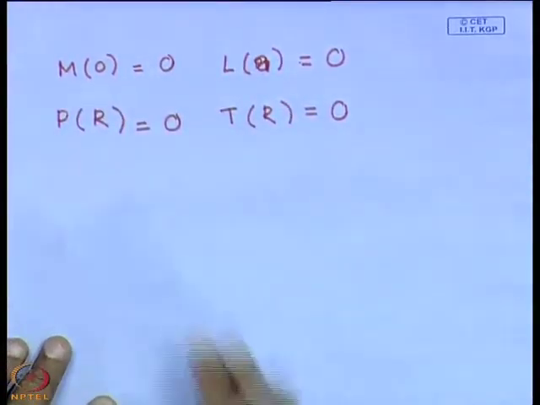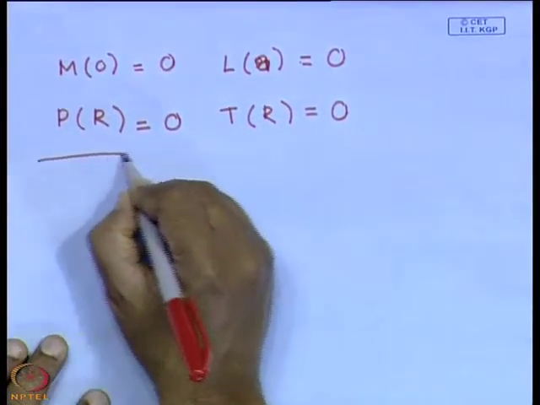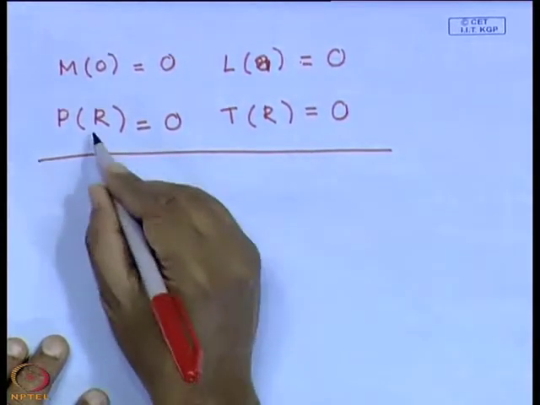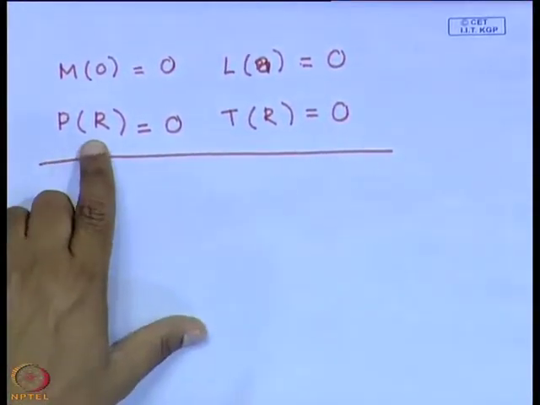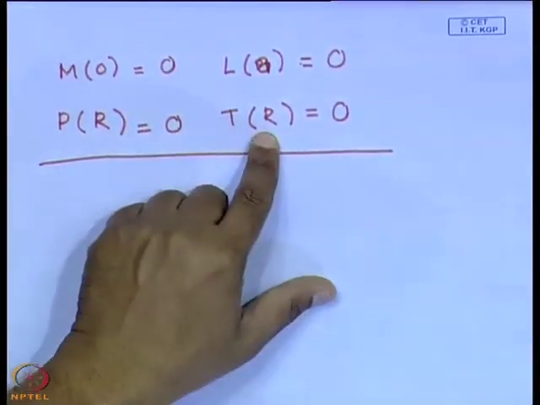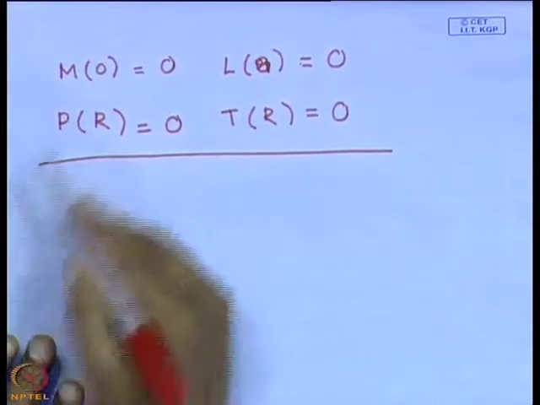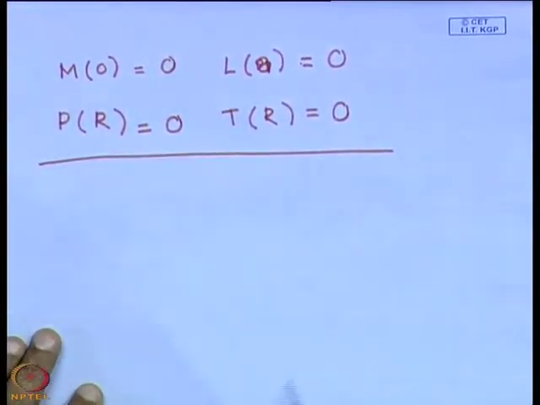What one would have to do now is specify the radius of the star, because those are the points where you want to set these to 0. By solving these equations, you would get the mass of the star.